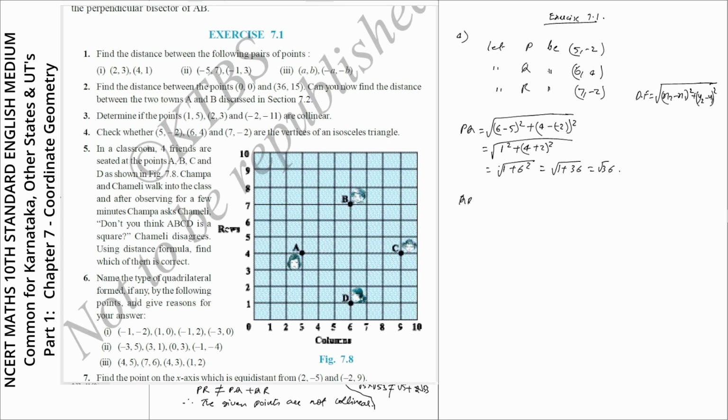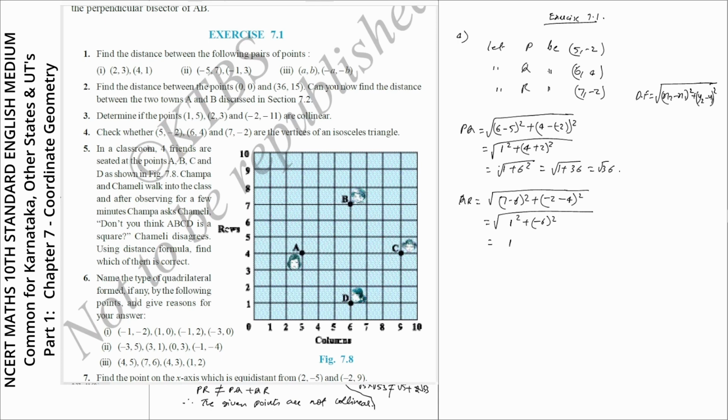I'll find QR now. QR is equal to the square root of (x2 minus x1) the whole square, that is (7 minus 6) the whole square, plus (y2 minus y1) the whole square, that is (minus 2 minus of 4) the whole square. So square root of 7 minus 6 is 1 squared, plus minus 2 minus 4 is minus 6 the whole square. 1 squared is 1 only.